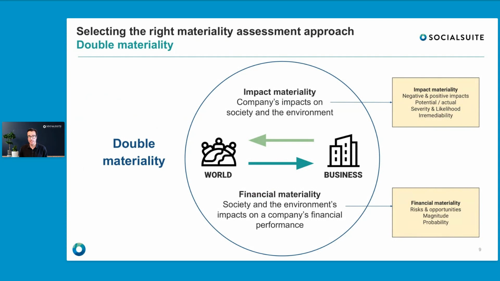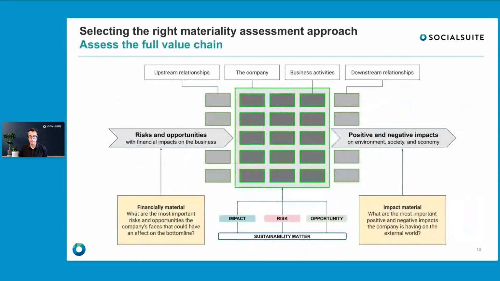We want to understand if they are potential or actual, and what the severity and likelihood of those impacts are. And if it's a negative impact, what's the level of irremediability for that particular negative impact? Together, if we look at both perspectives, that is double materiality. So we're looking at what the impacts, the risks, and the opportunities are.